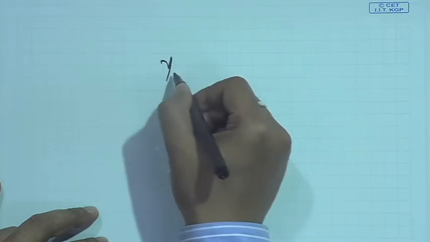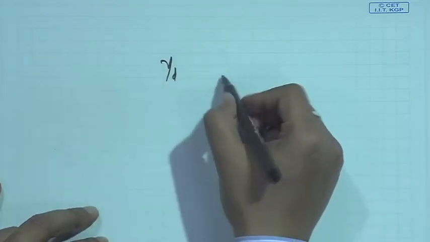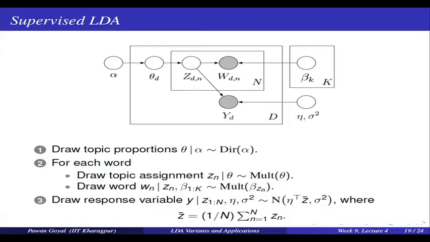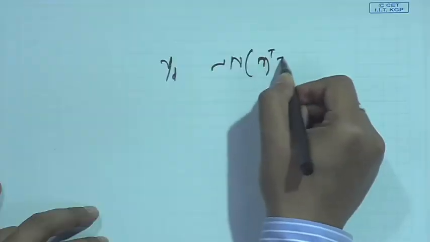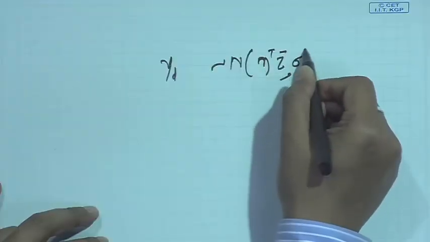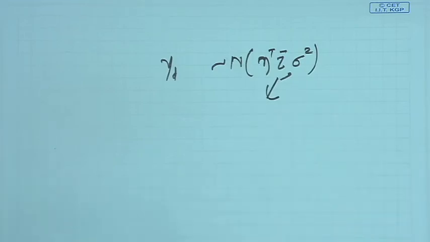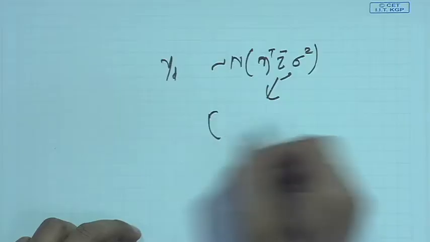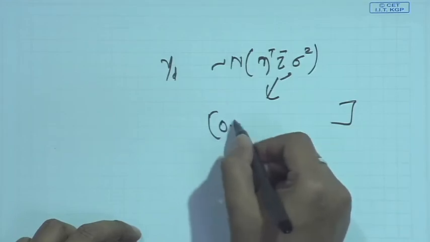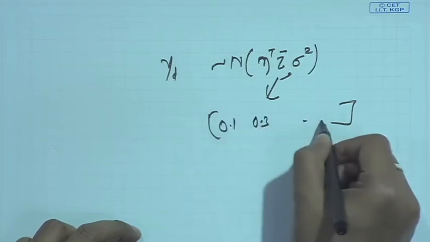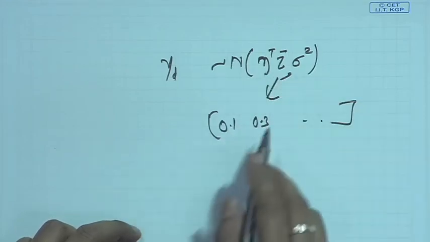Let us quickly see what it means. Y_d is sampled from a normal distribution over eta transpose Z bar and sigma square. Now, what is Z bar? Z bar are the topic proportions of this document. So I know this topic T1 occurs 0.1 times, T2 occurs 0.3 times and so on. Eta are like the weights given to different topics.